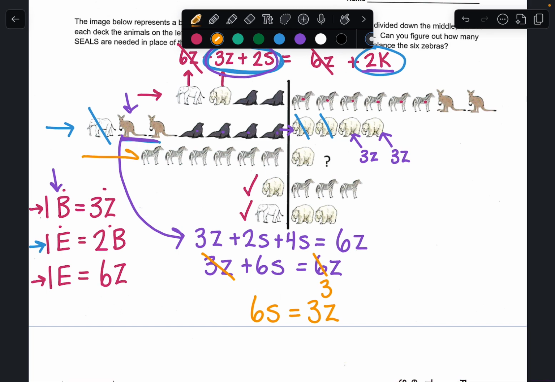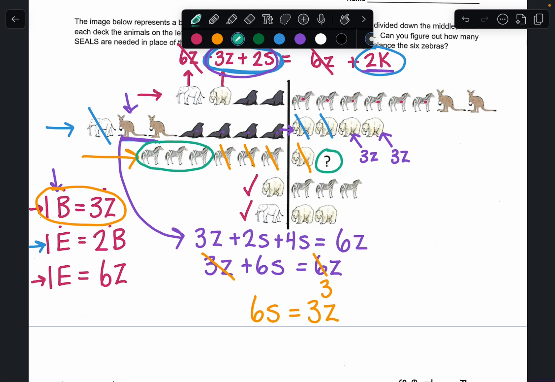This row is what we need to solve. Again, let's see if we can cancel anything out. We need a bear to zebra conversion, which is right here. 1 bear equals 3 zebras. So if I take the bear off of this side, I can take 1, 2, 3 zebras off of this side. What we should get here is that 3 zebras will give me my answer over here.